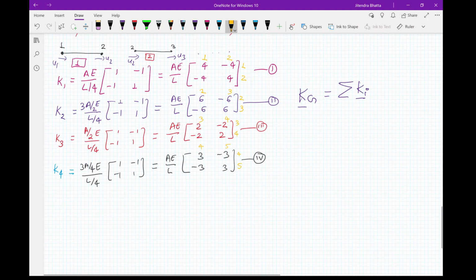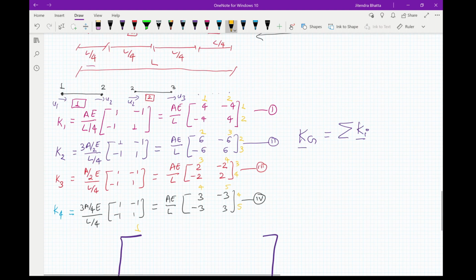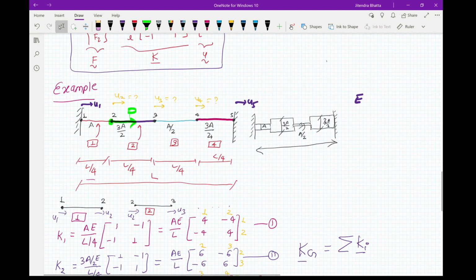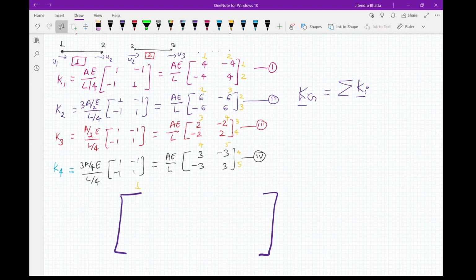Now, when you are obtaining the global stiffness matrix, you write all the degrees of freedom here. So there will be 1, 2, 3, 4, 5, because we are looking at the system as a whole rather than elements.